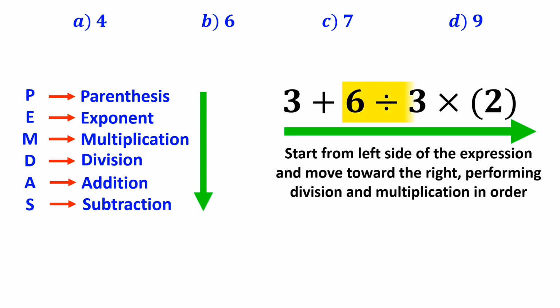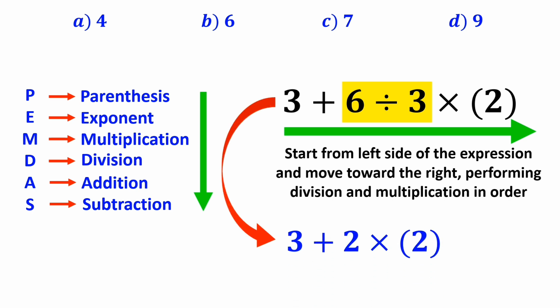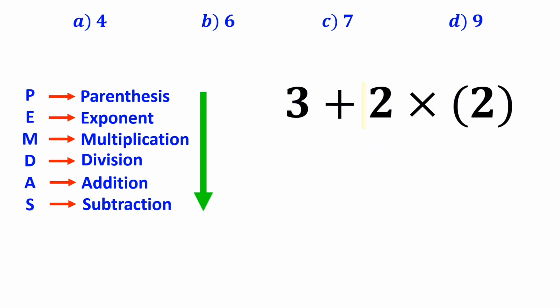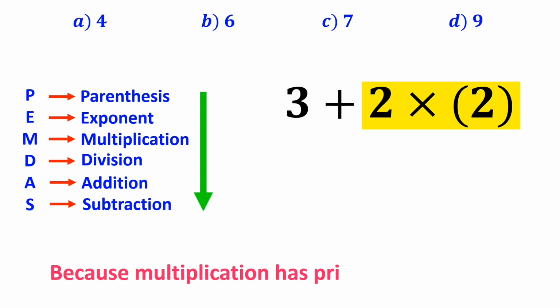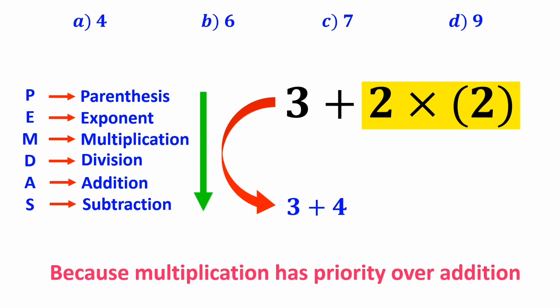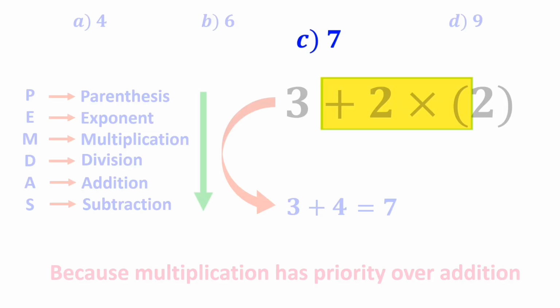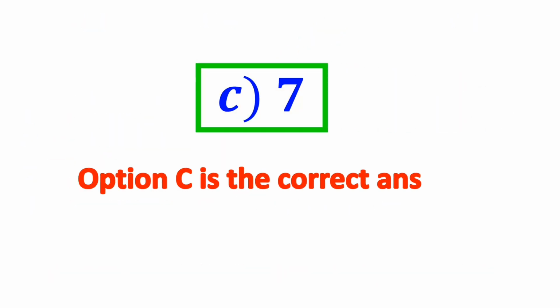So, first we perform the division between 6 and 3, which simplifies the expression to 3 + 2 × 2. In the next step, it's time for the multiplication between the 2's, because multiplication has priority over addition. So, instead of this expression, we can write 3 + 4, which ultimately gives us the answer 7. Therefore, option C is the correct answer to this question.